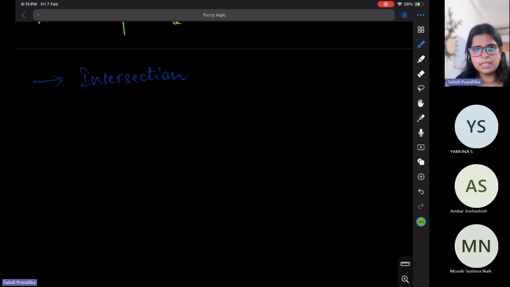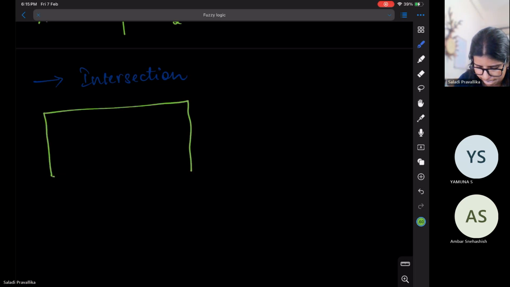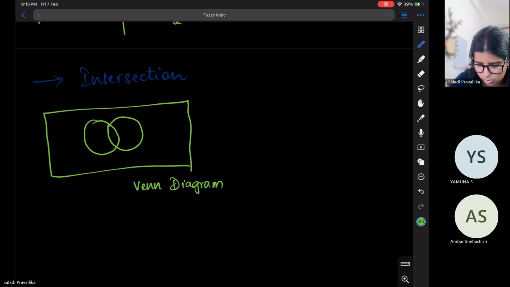Now let's look at intersection. First we will discuss the classical set again. Let us take a Venn diagram with two sets.